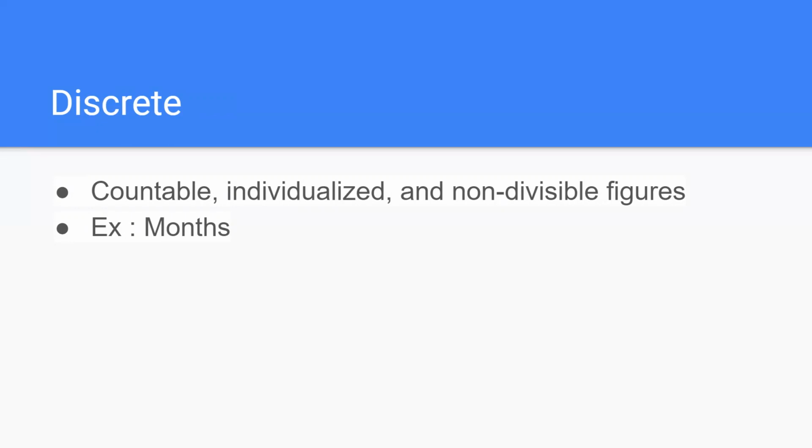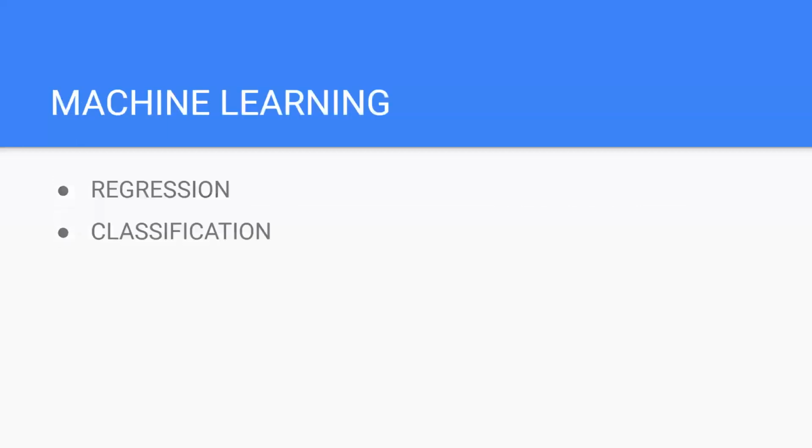So this type of data is called discrete data. The days will also be the same: Monday, Tuesday. Even days.